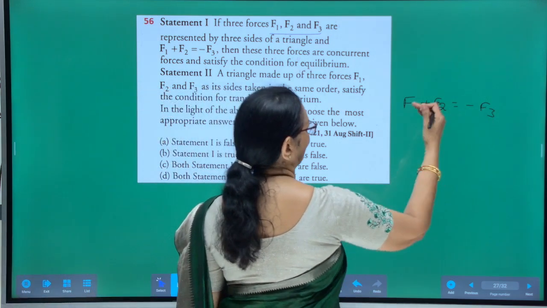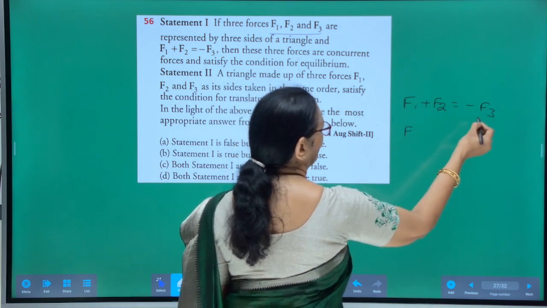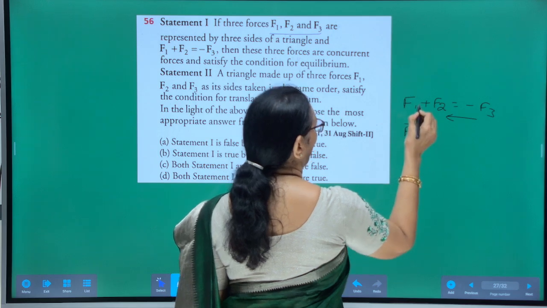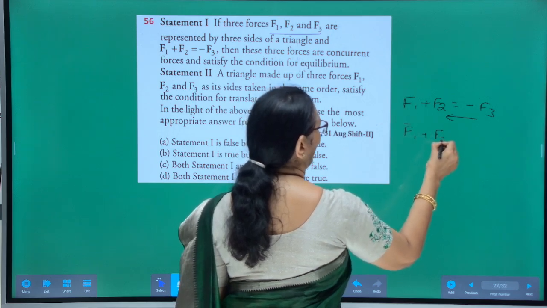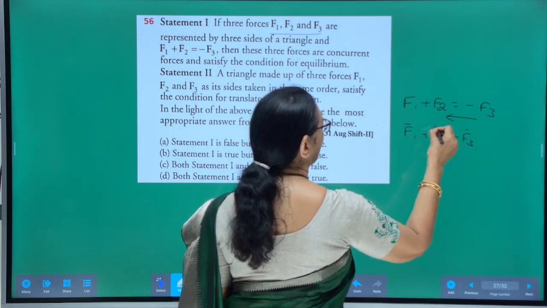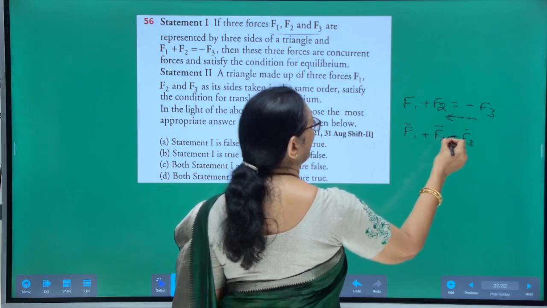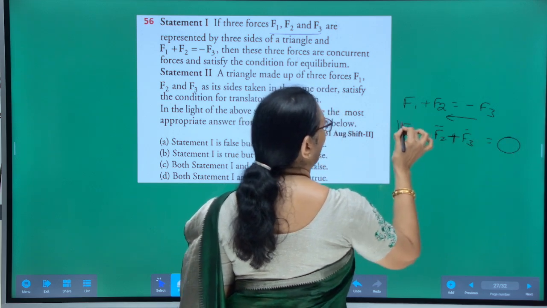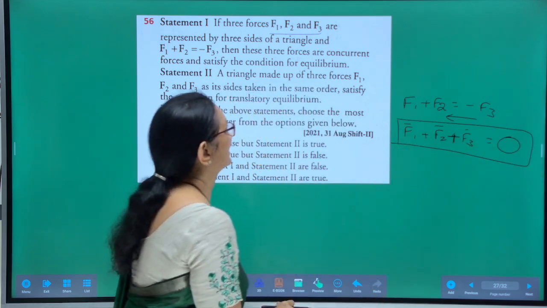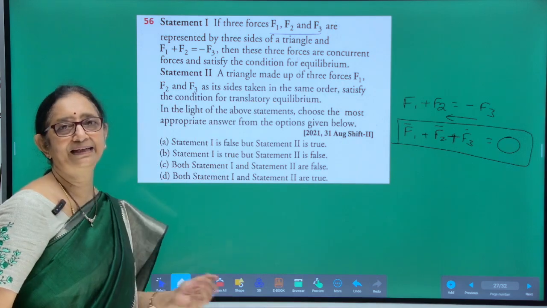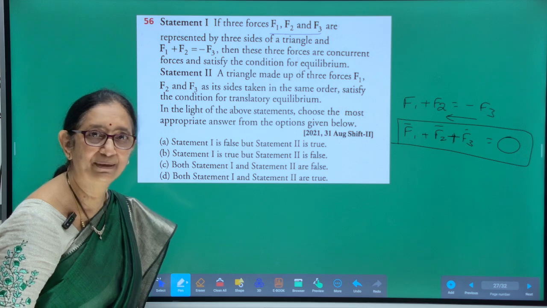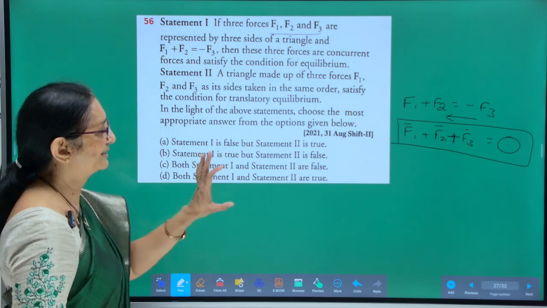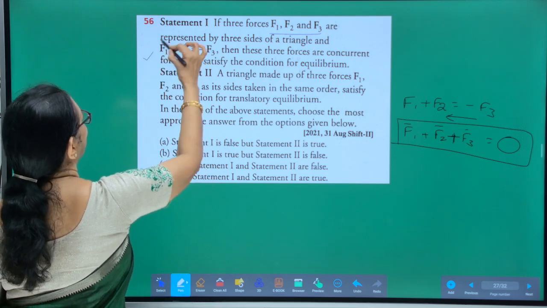If you take this direction, it is F1 bar plus F2 bar plus F3 bar. Resultant of three forces simultaneously acting on a point is 0 implies the three forces are concurrent and they keep the point in equilibrium, right? So, the first statement is correct.